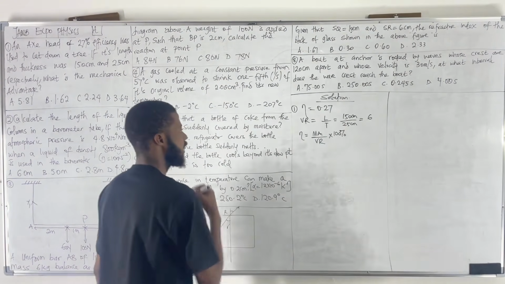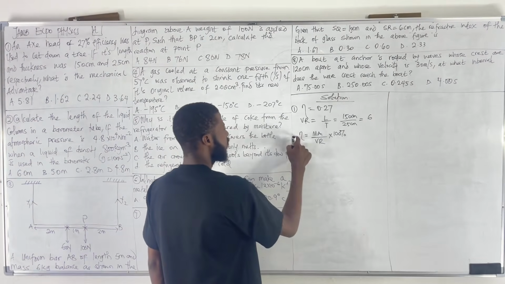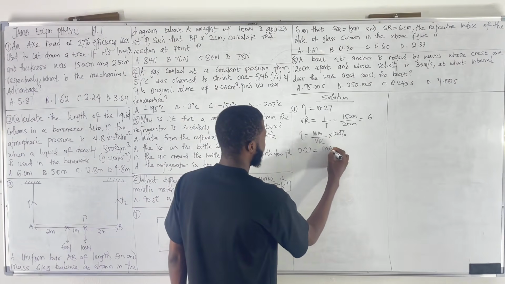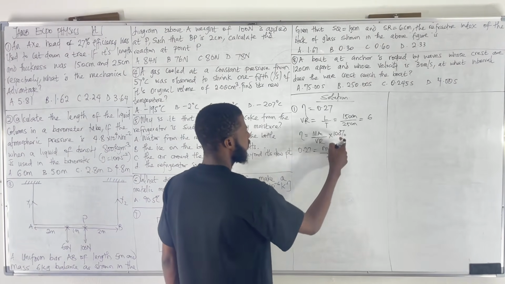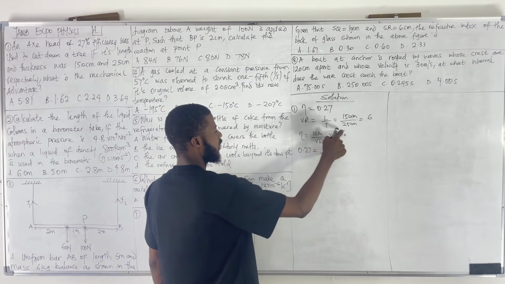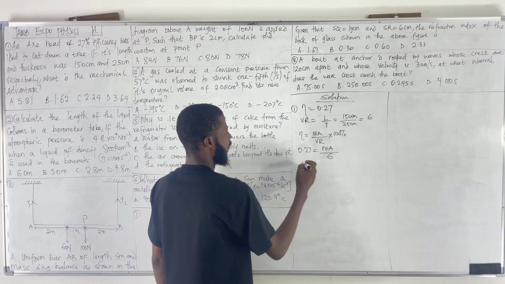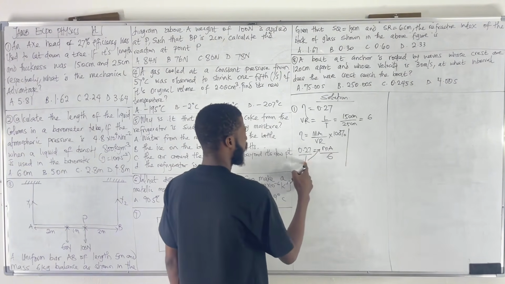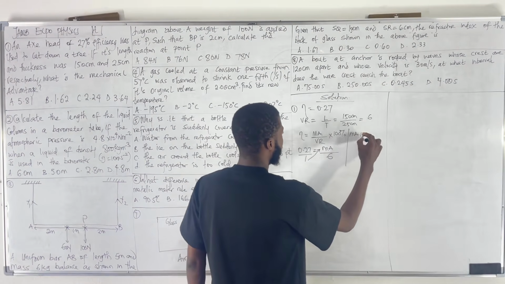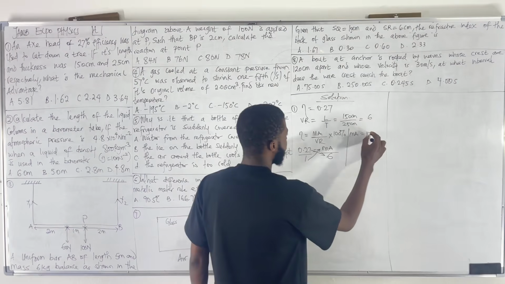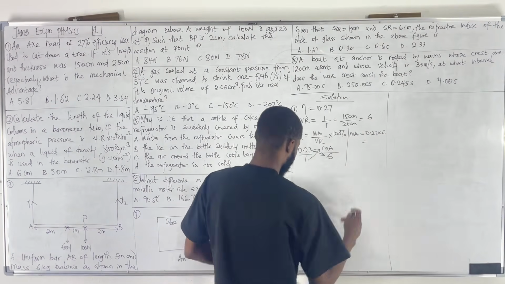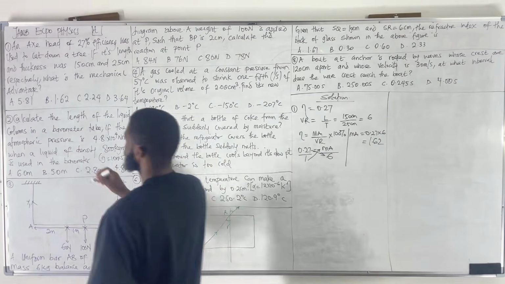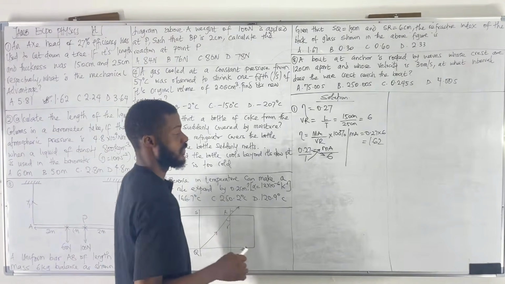So the efficiency is 0.27, so 0.27 equals mechanical advantage over velocity ratio, which is 6. Since I've divided this by 100, there's no need for me to put the 100 anymore. Now, I could say MA over 1, then cross multiply, so I have 1 times MA, which is MA, equal to 0.27 times 6. When you multiply this, you get 1.62. So the answer to this question is B.